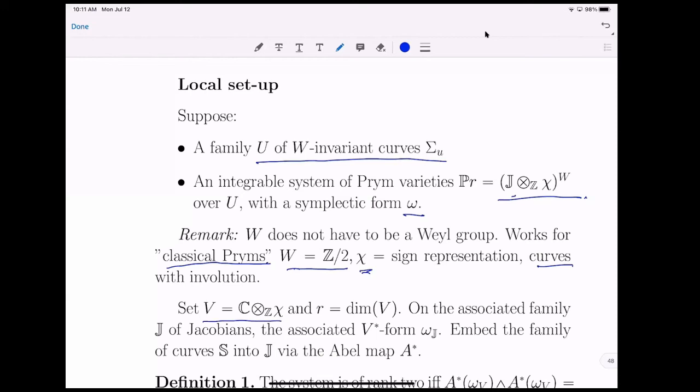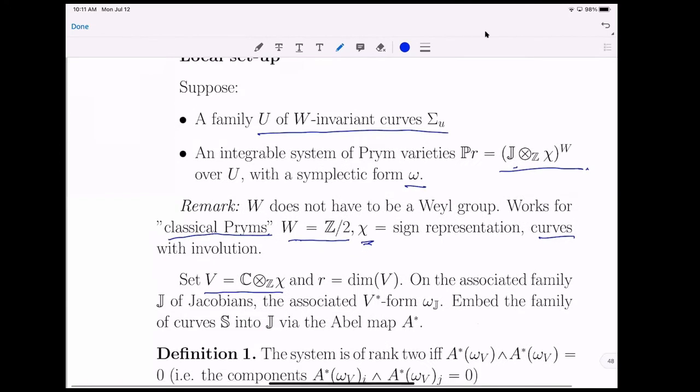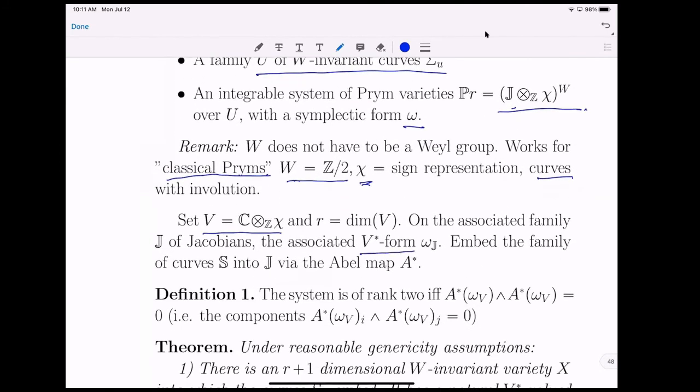So again, you turn your lattice into a vector space, V, and then you'll get a V-star valued form, omega_G. And again, you can embed the family of spectral curves into the Jacobian via the Abel map.